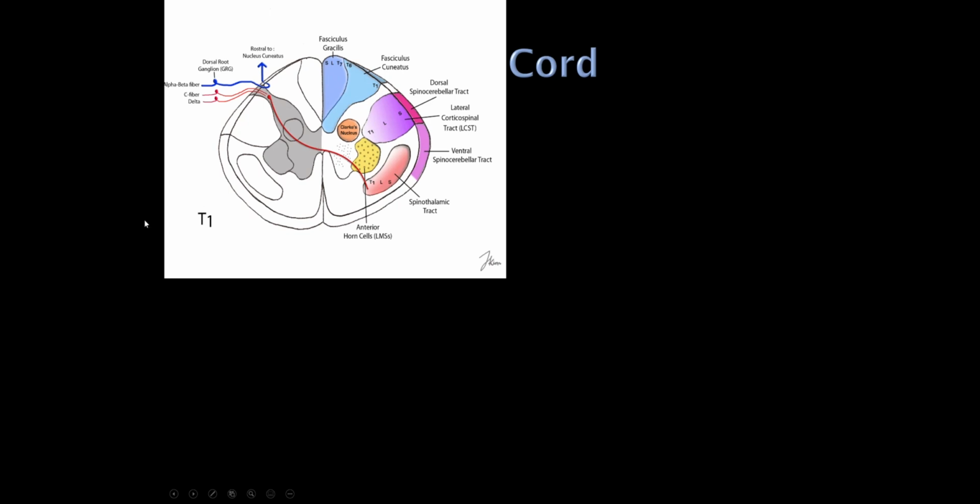Again, this is a section at T1, and so that pain and temperature information is going to enter here, this medial portion of the spinothalamic tract, and then ascend. Whereas vibration and proprioception, there's no synapse, and it goes right up here through the posterior column.